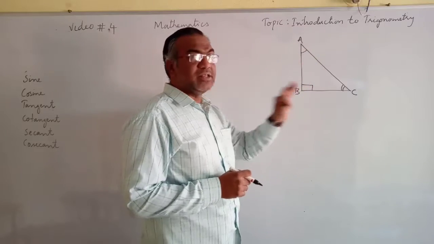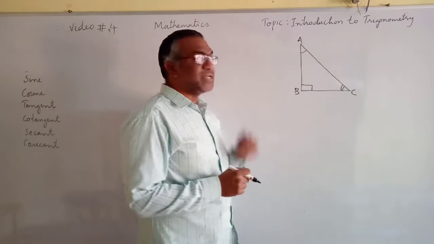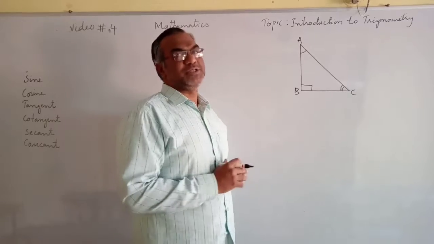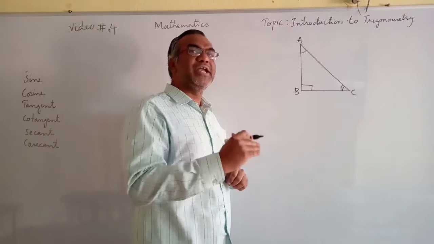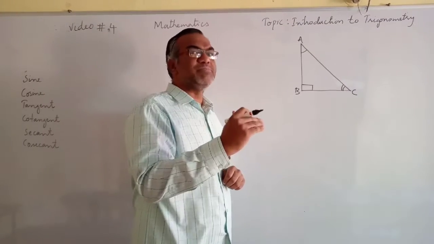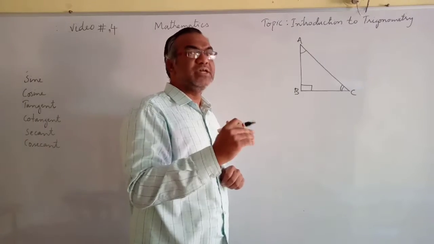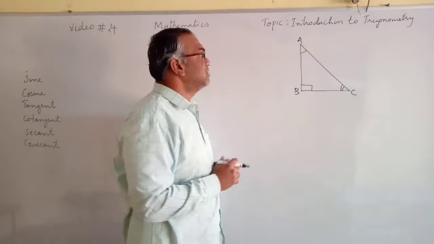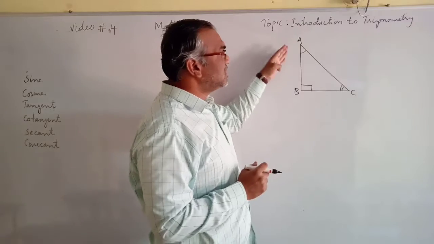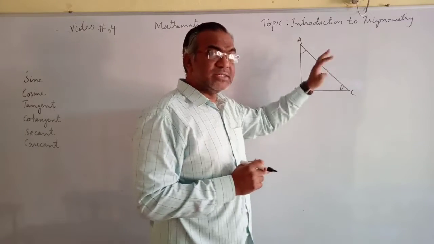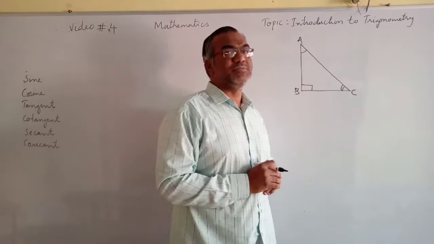Now in a triangle, there are 3 sides, so a maximum of 6 ratios are possible. A ratio is something divided by something, and you all know that, right? So out of 3 sides, 6 ratios are possible.